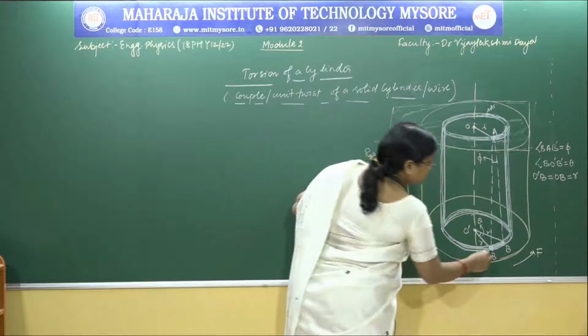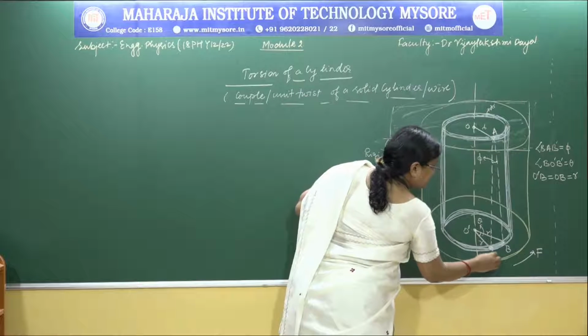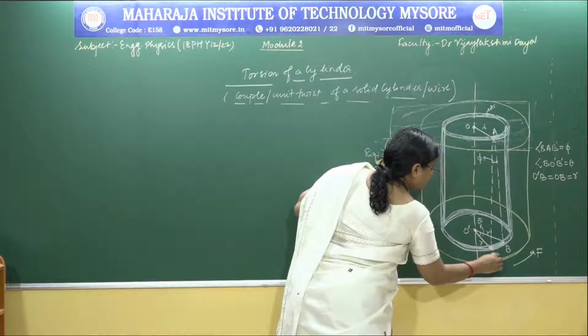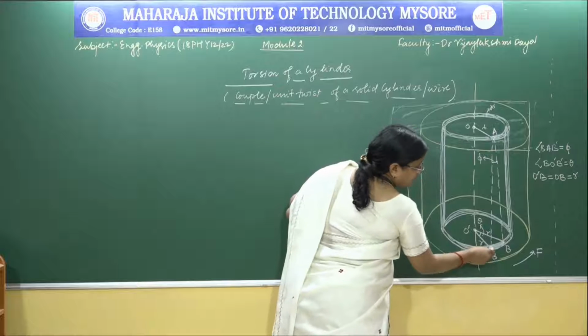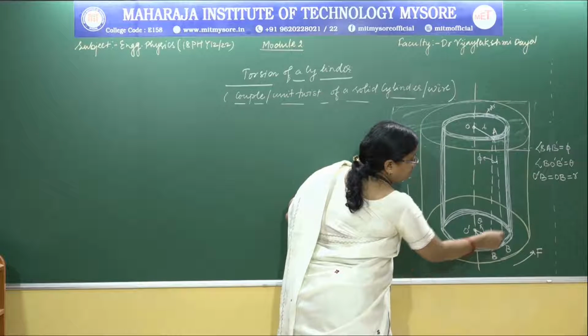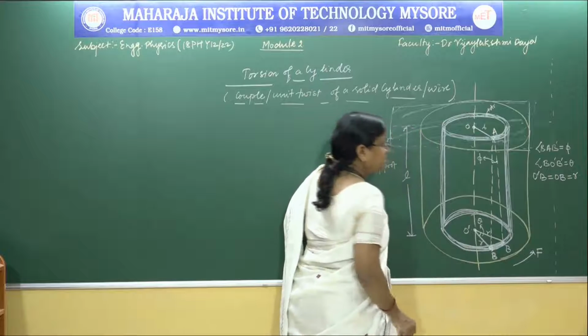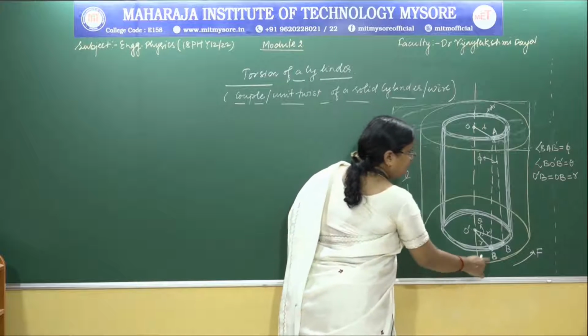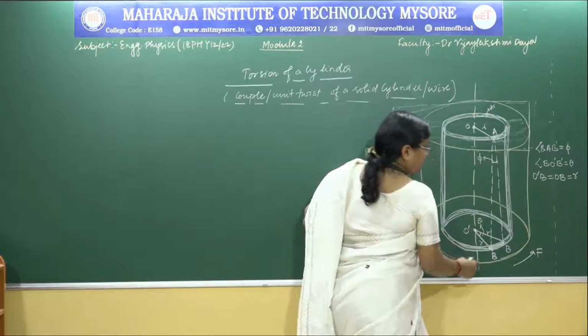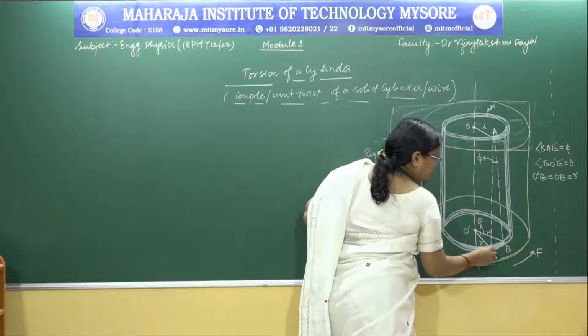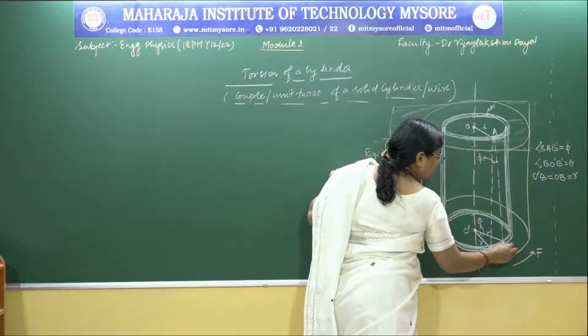If the original position of a particular point on the bottom surface of the cylindrical structure, when the force was not applied, is B, then when you apply the force, this point shifts to B dash.